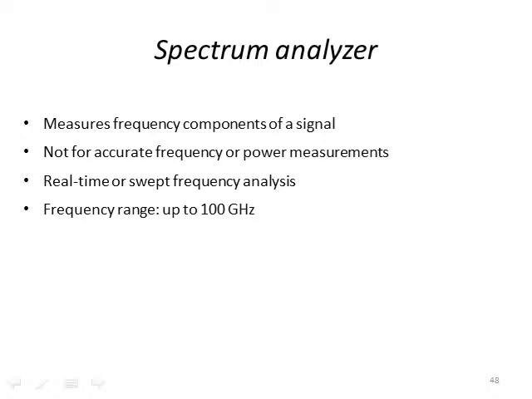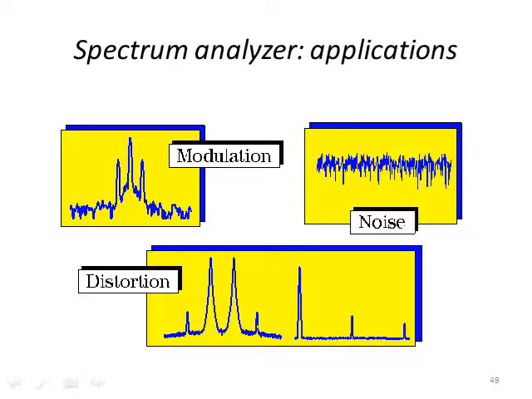Now, a spectrum analyzer will do this for signals that obviously have multiple frequency components. Now, they're not accurate for frequency or power measurements. You can do real-time or swept frequency analysis, and amazingly, these RF instruments now can measure up to 100 gigahertz, which is quite powerful.